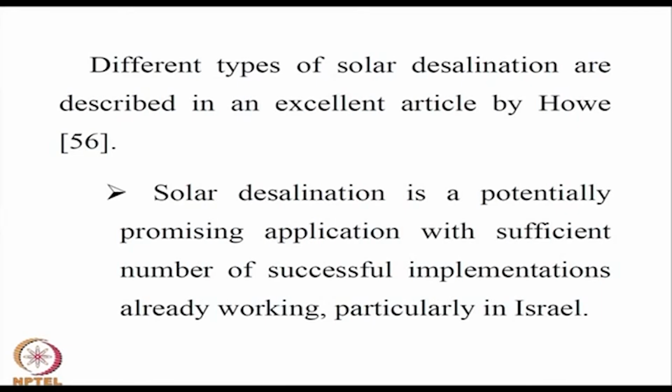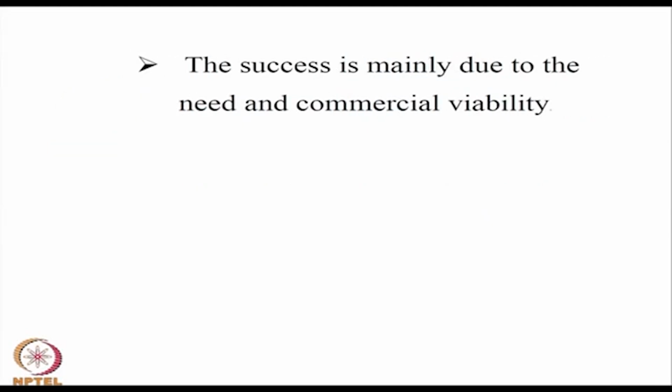Of course, you can see the article by Howe in reference number 56, where different types of solar desalination are described, and it is a potentially promising application with a sufficient number of successful implementations, particularly in the country Israel. There are many solar desalination units, even to feed their citrus fruit gardens.